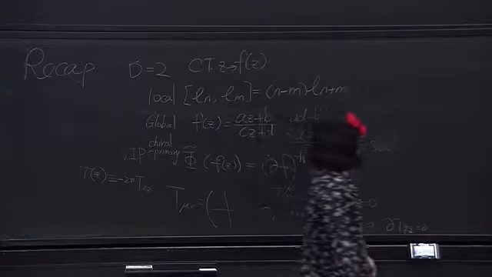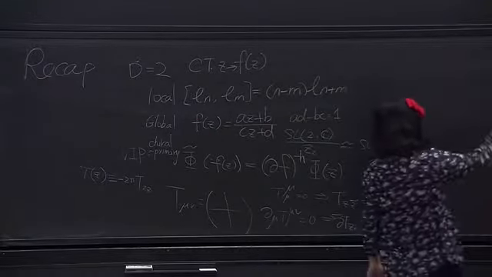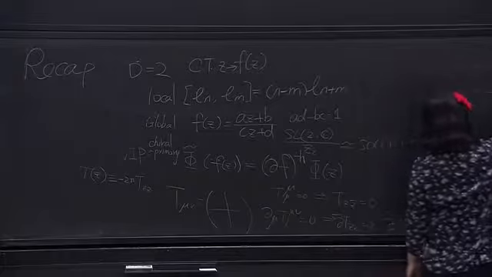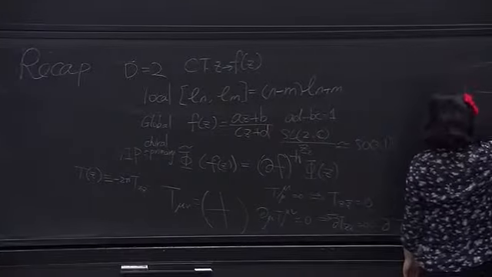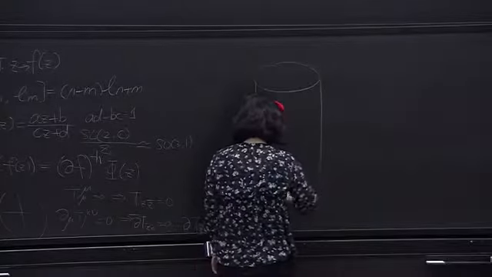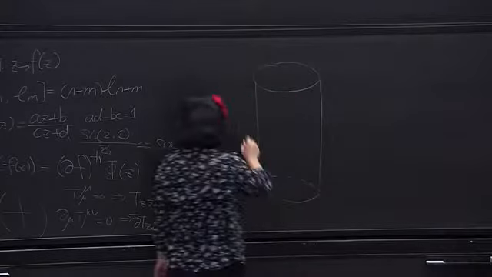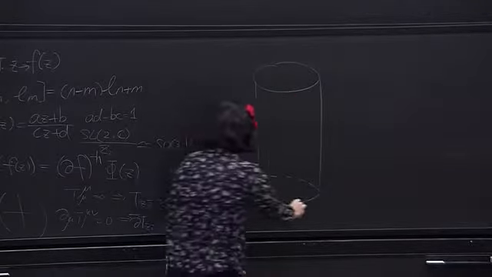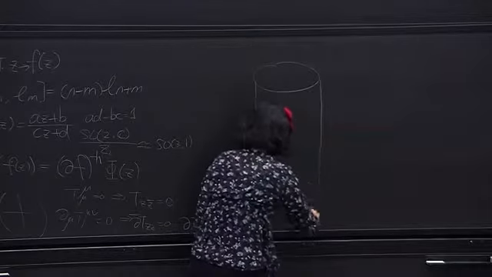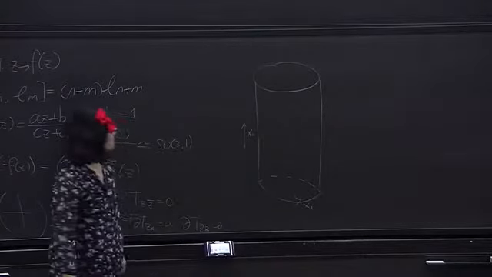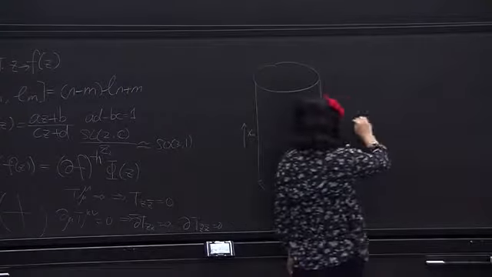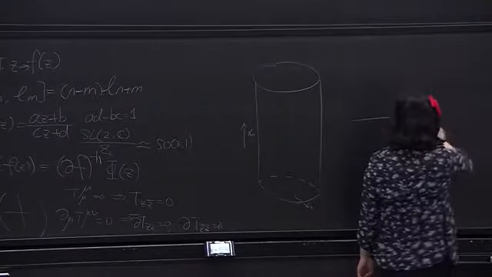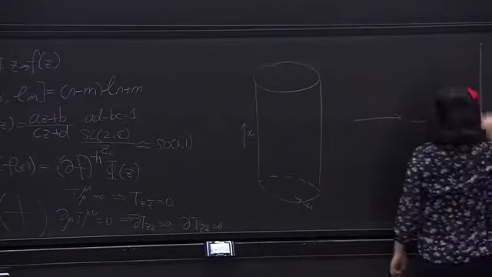What we also saw yesterday is that suppose I have a cylinder, which is described by x0 going in this direction, and x1 being the periodic direction. This guy can be mapped onto the complex plane.